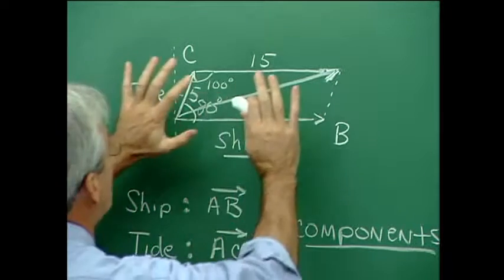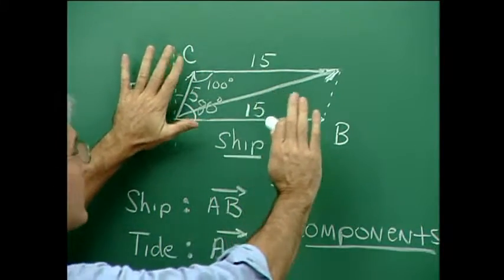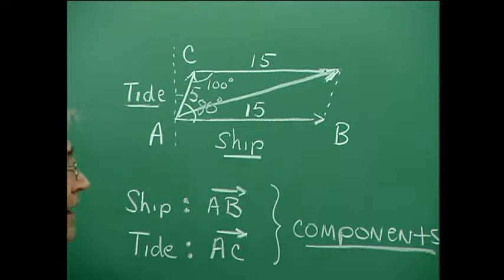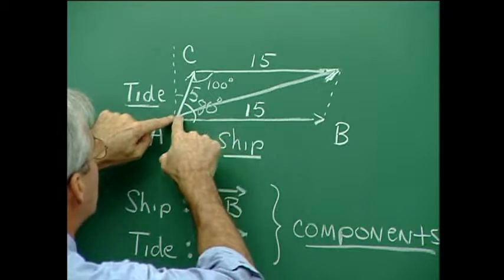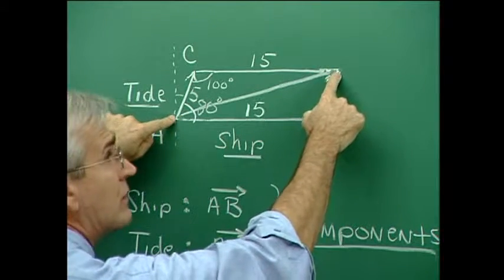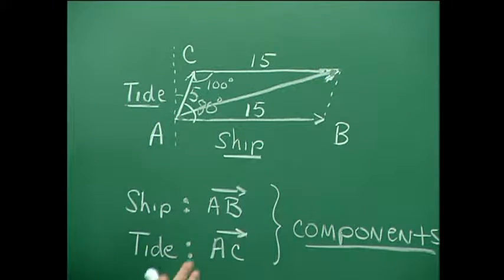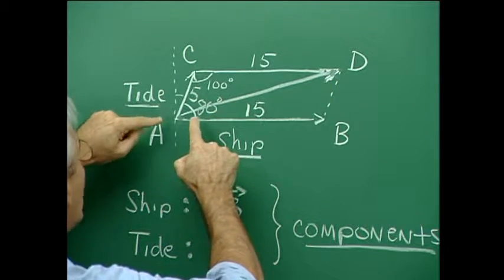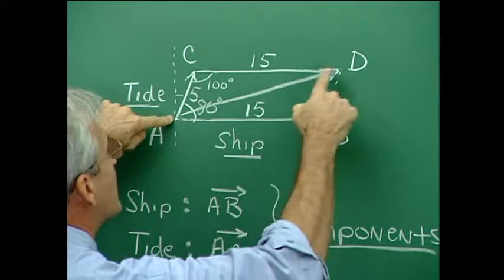We're ready to solve this triangle, and specifically we don't want to solve the whole triangle necessarily, although in some cases we may have to, but what we're really targeting is this resultant vector. Let's label this D, and so we're trying to find this distance AD.